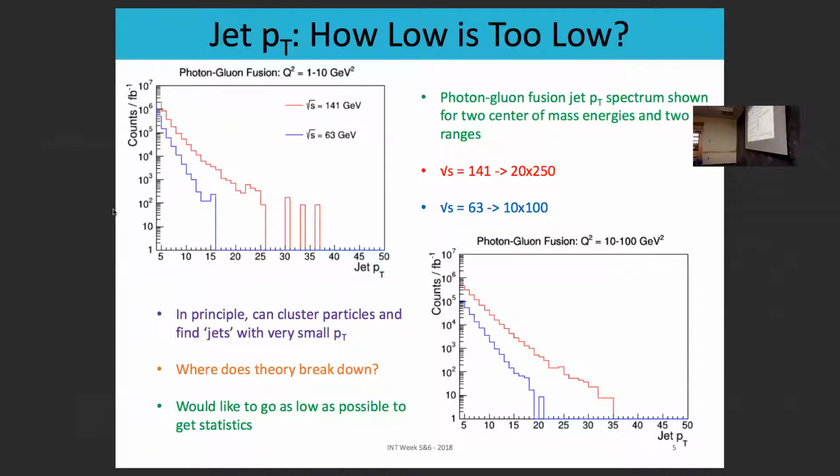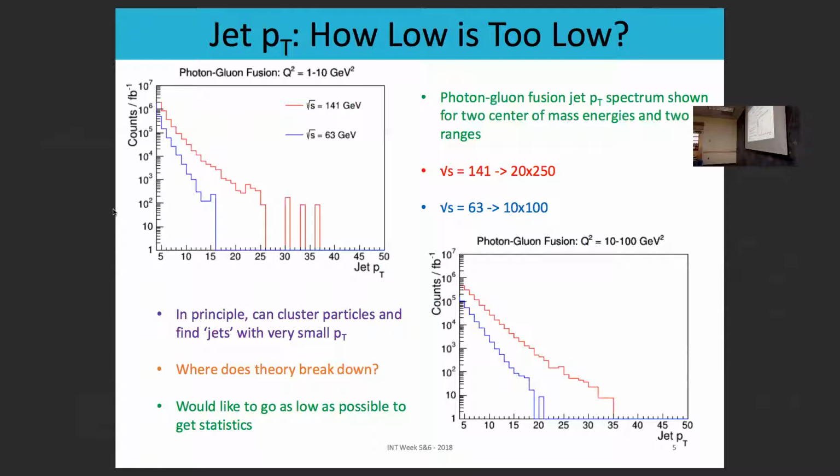So these are spectra for two different energies. These are nominal EP energies at Q-squareds of 10 to 100, or 1 to 10, and 10 to 100 from the photon gluon fusion process, normalized to counts per inverse femtobarn.